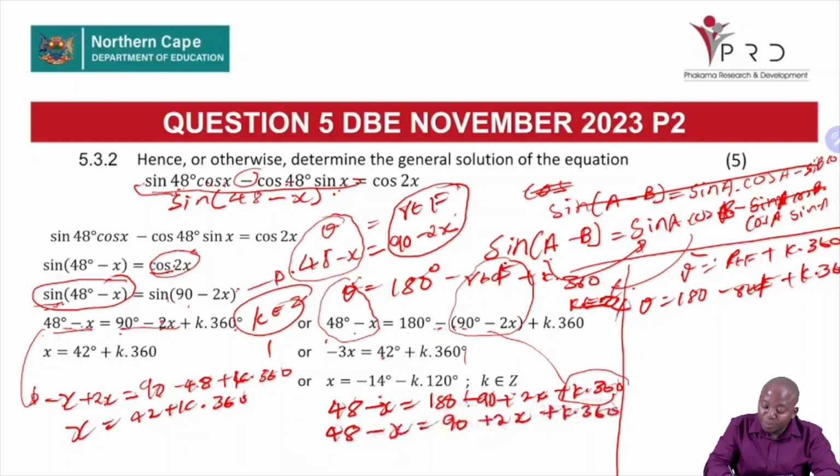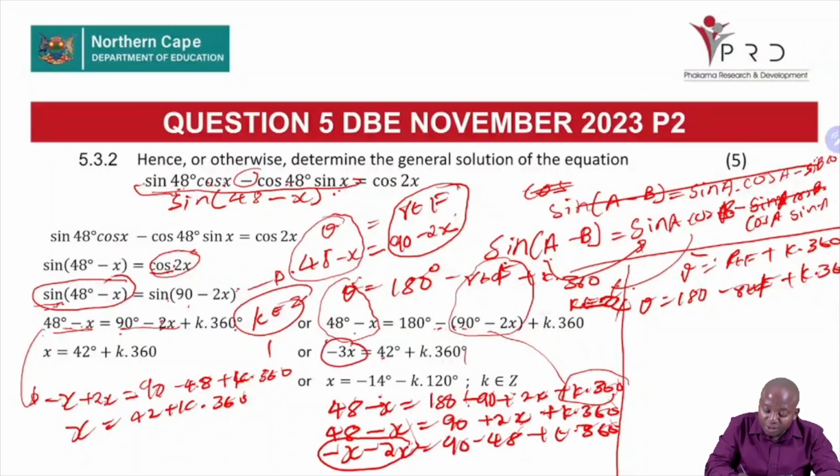Thereafter, you just transpose this to the other side. We have negative x minus 2x equals 90 minus 48 plus k times 360. This side gives us negative 3x, then 90 minus 48 is 42. Then x is equal to negative 14 minus k times 120, where k is an element of integers.